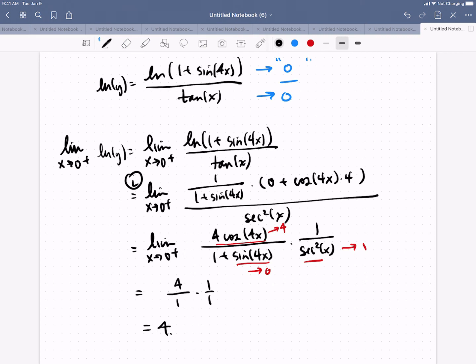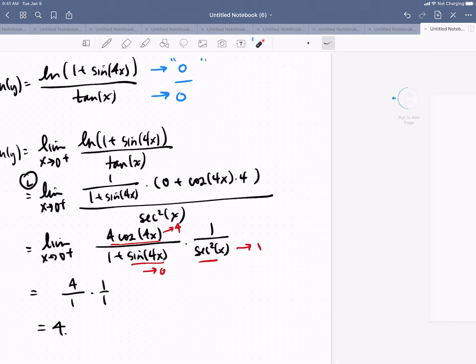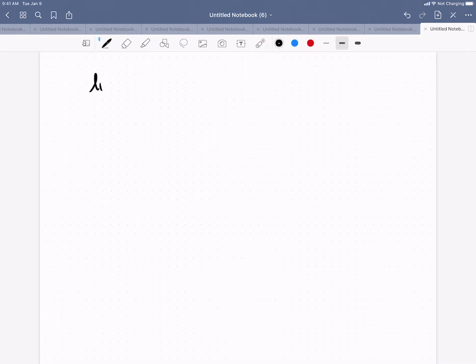Okay, great. L'Hopital's rule really helped us. We're not done though, because we've just computed the limit of the log of y. Now we need to compute the limit of y. So the limit as x goes to 0 from above of y is the limit as x goes to 0 from above of e to the log y.